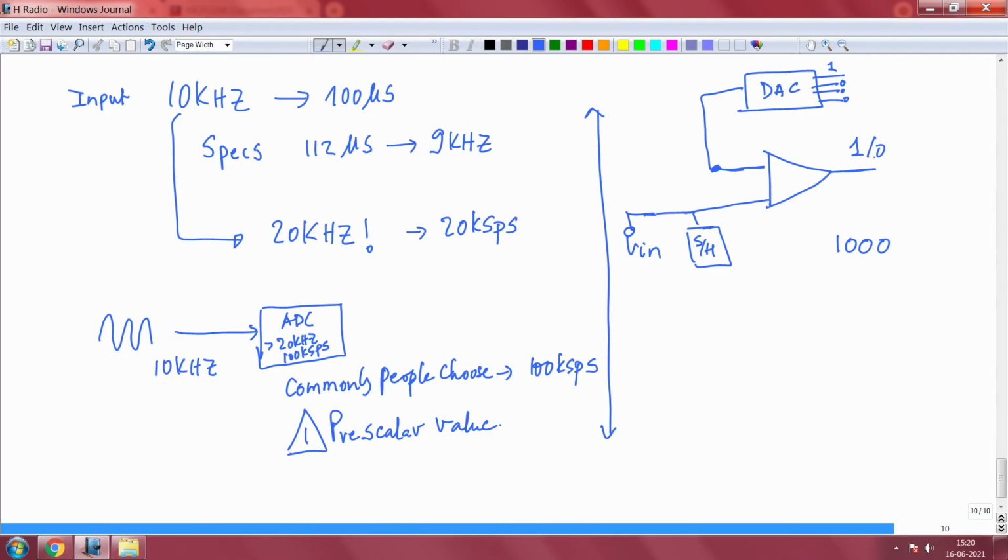Based on the output of the comparator, you actually know whether this 1 should be retained or whether this 1 should be flipped, and you should try 0 1 0 0, or whether you should try, if it actually gives you a 1 output, you are happy, then you say I will try 1 1 0 0.